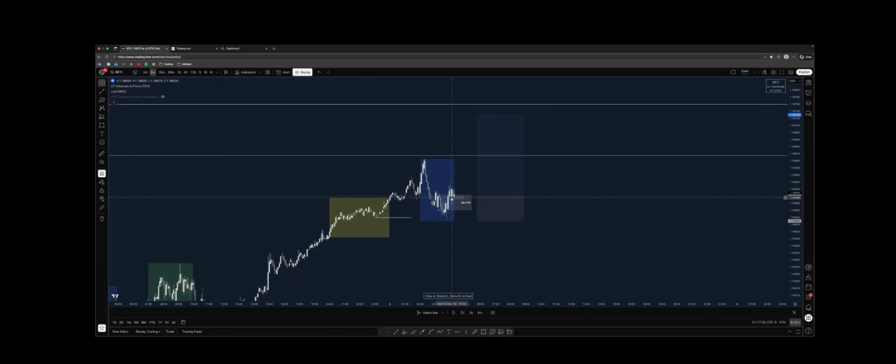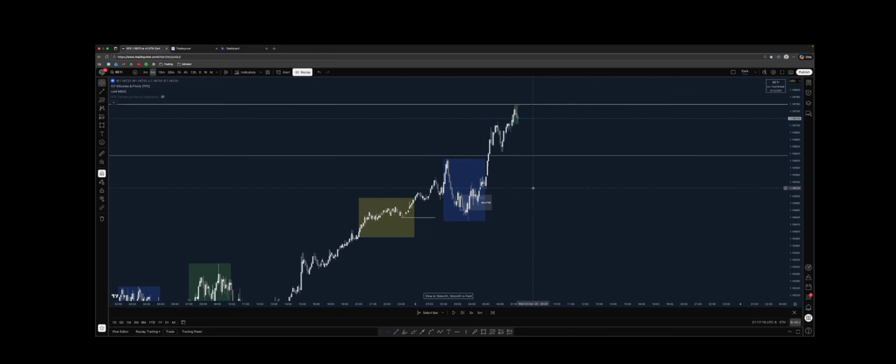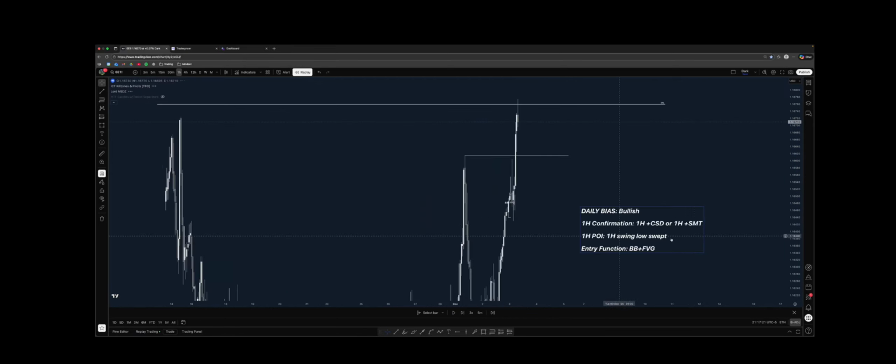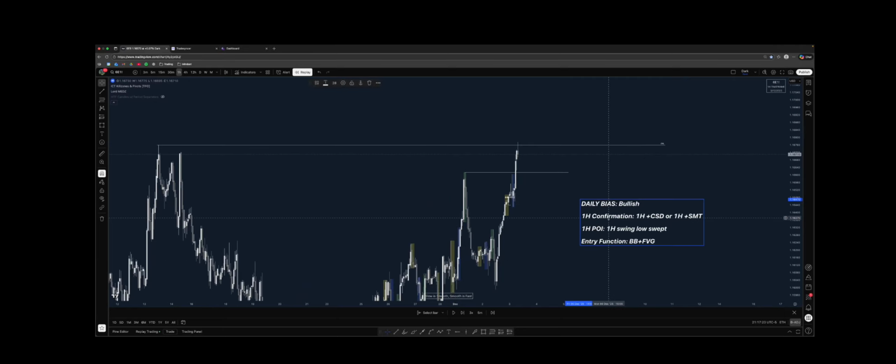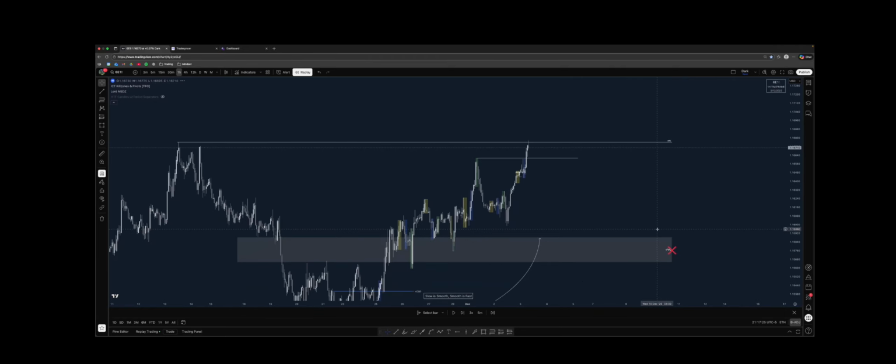Price offers multiple entries here, which tags me in. There's 3R. Easy. The thing about this trade is that all the information is aligned, right?